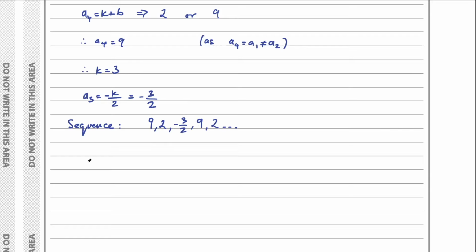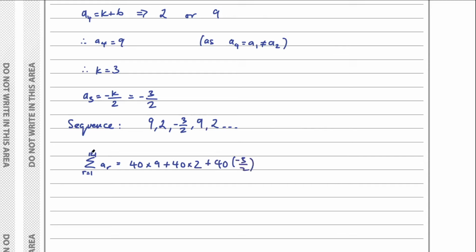Let's look at the sum we were looking for. We're looking for the first 121 terms. So how many lots of 3 go into 121? 120 divided by 3 is 40, plus an extra term. So we would have 40 lots of 9, 40 times 9 plus 40 times 2 plus 40 times negative 3 on 2.